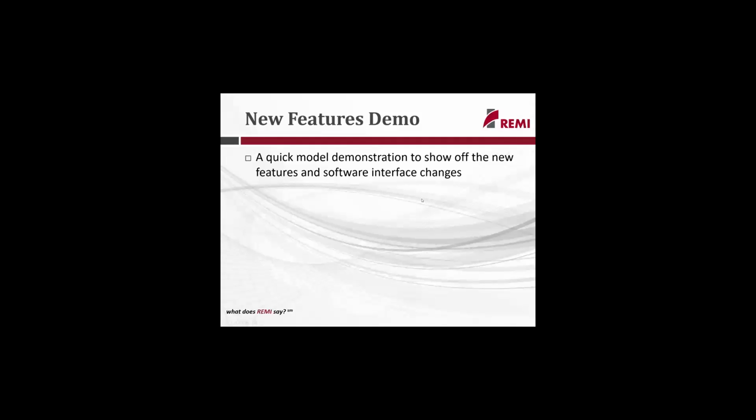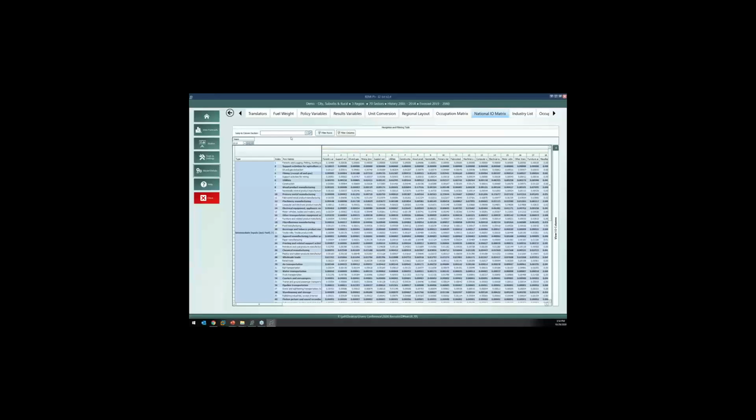So this is a point where I'd like to go through and show off a couple of our new features that we put into the model over this past year. What I'm going to start with is the model details, and show you a couple of little things in here that we did to make your lives easier. We'll start by taking a look at the IO matrix.